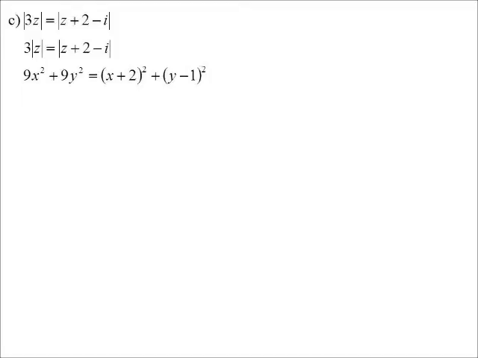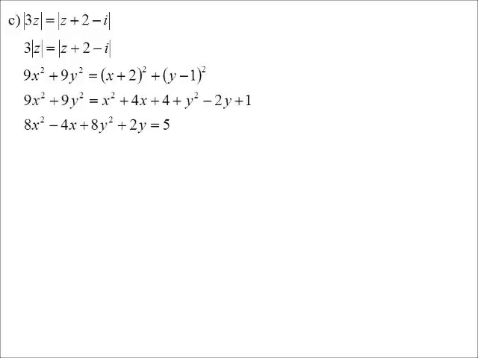So let's take it back to Cartesian, subbing in our x plus iy. Mod z is the square root of x squared plus y squared, so square it off. But I'm also squaring both sides, you'll notice, so the 3 turns to 9. And on the other side, we get x plus 2 squared plus y minus 1 squared. It's again looking like a circle, because when I expand the right hand side out and take it to the left, I'm going to end up with 8x squared and 8y squared. So the coefficients are the same, so it's going to be a circle. Let's work it out.